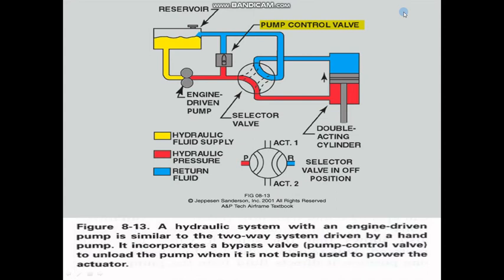In this figure, a hydraulic system with an engine-driven pump is similar to the two-way system driven by a hand pump, but incorporates a bypass valve, or as we talked, pump control valve. This is used to unload the pump when it's not being used to power the actuator.